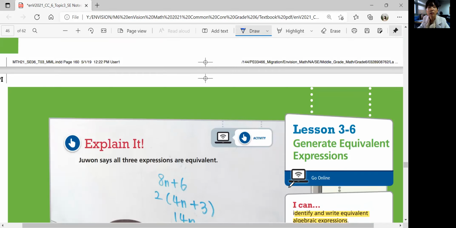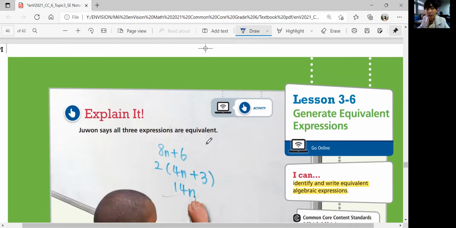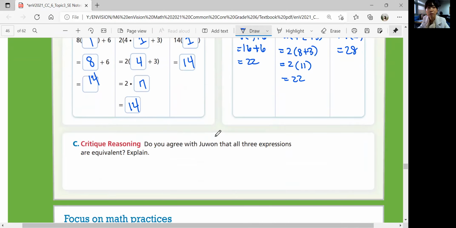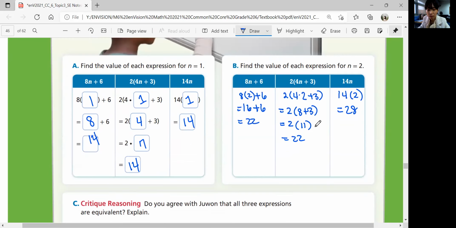Do you think all three expressions are equivalent? Do you agree with Chuan that all three expressions are equivalent? Explain. How can we explain using the process we just did? Chuan is incorrect because only 2 of the expressions are equivalent, right?